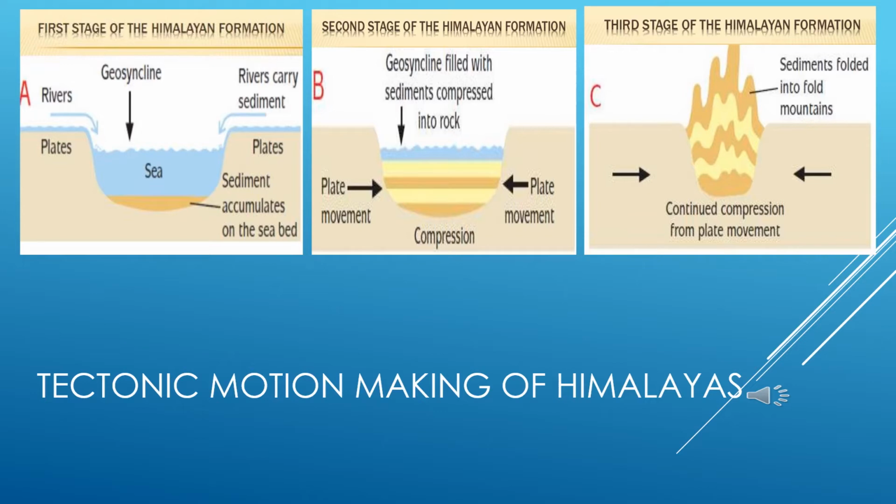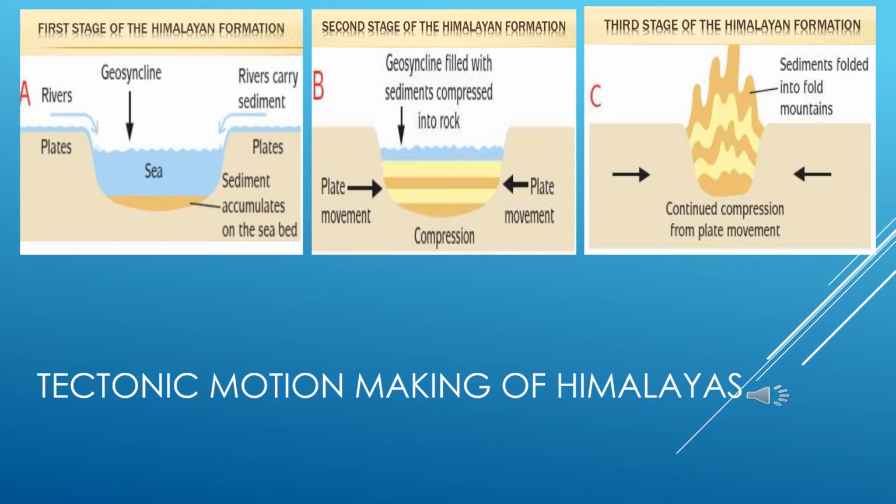There were many rivers which were flowing into the Tethys Sea. Sediments were brought by these rivers and were deposited in the geosyncline. So now this geosyncline was filled with the sediment compressed rocks.